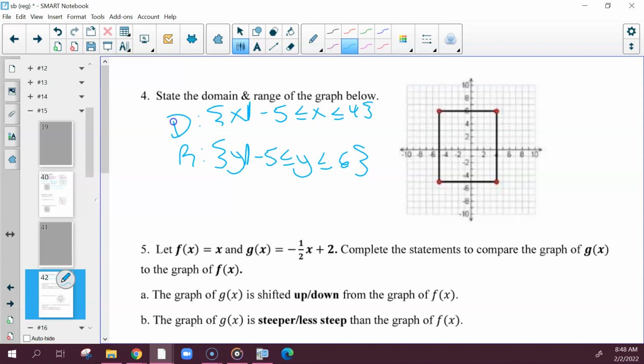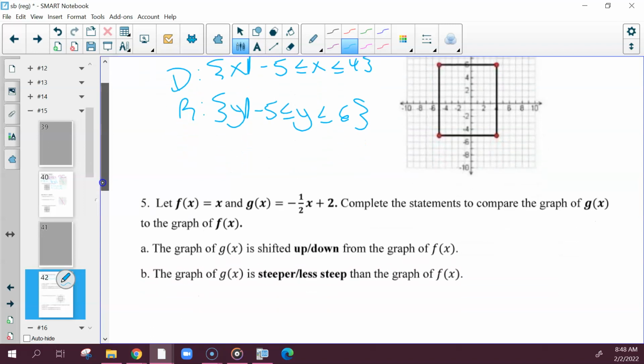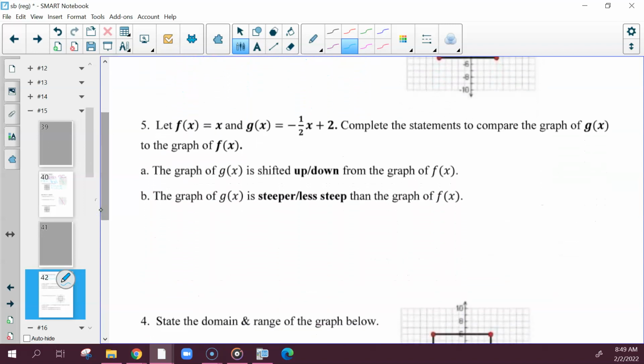This last part, I'm not sure if you've seen something like this before, and I think somewhere along the year we'll get into this. But I'm going to explain it to you now. So these are comparing these two equations, f of x equals x, and g of x equals negative 1/2 x plus 2. When we are looking at these two, they're either comparing the slopes or they're comparing the y-intercepts.